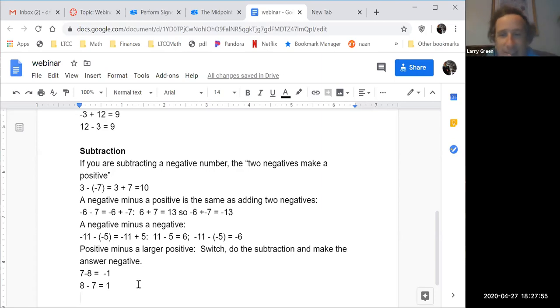Just to let you know, stats a lot of the time uses a TI, except this quarter. Does anyone know why we're not doing a calculator this quarter? For my stats class? No one knows why? Okay, let me tell you.